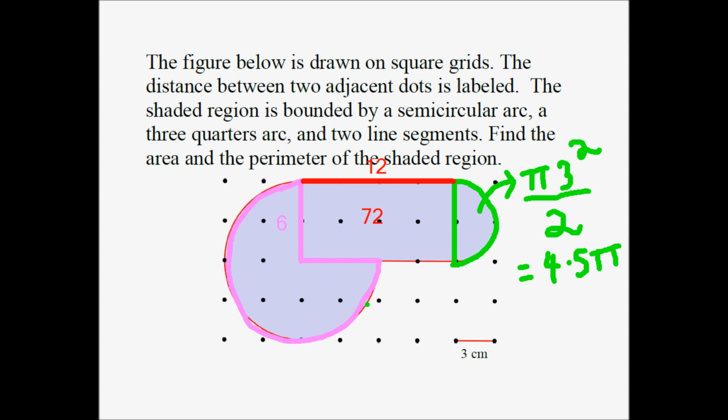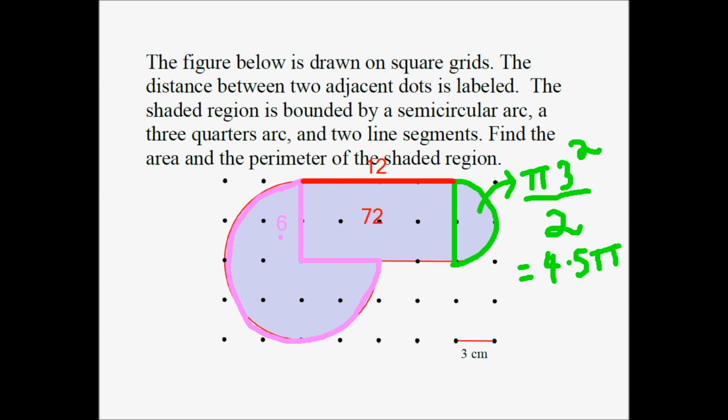Okay, so what are we doing here? Here, the radius of this 3/4 of a circle, which is in pink, is 6. Area of the whole circle, once again, will be pi r squared, where r is 6.